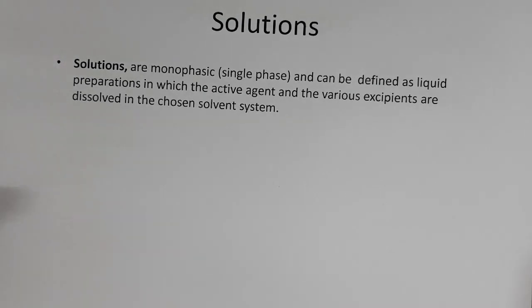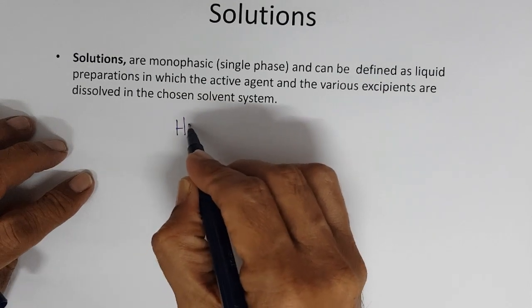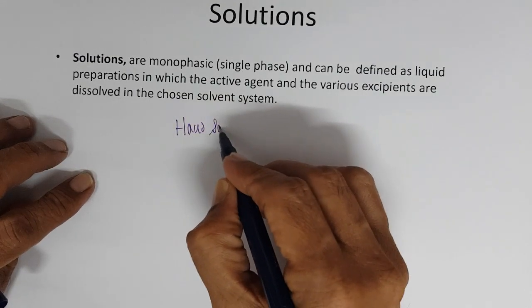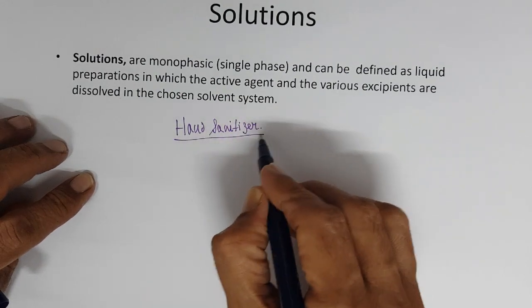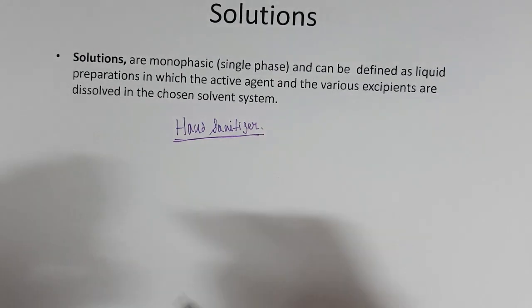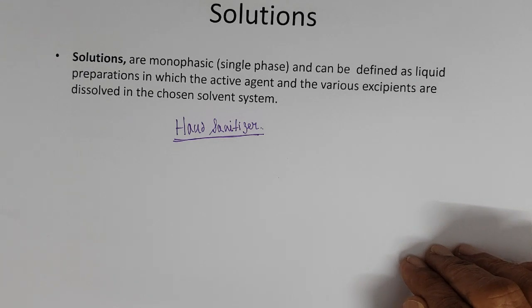Now an example can be hand sanitizers, okay, where it's an alcohol system where we have hydrogen peroxide and the perfume, right? Hand sanitizer is a simple solution.